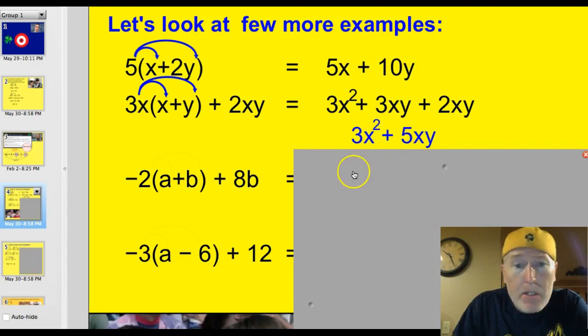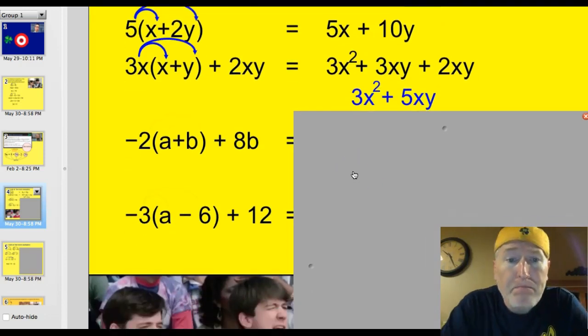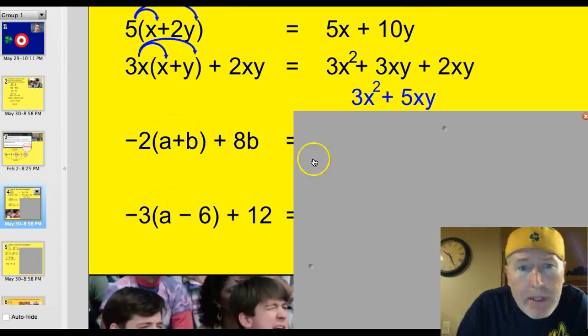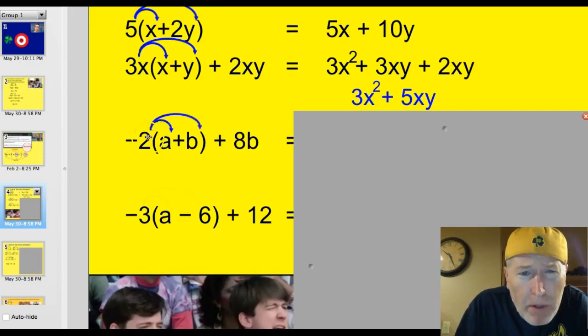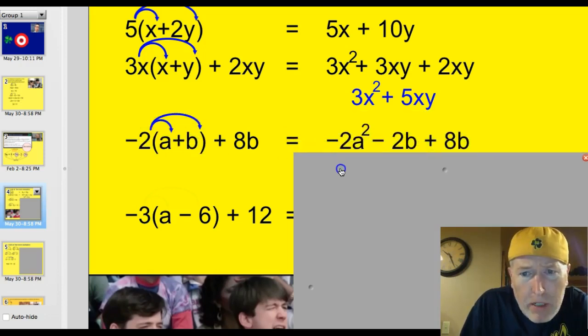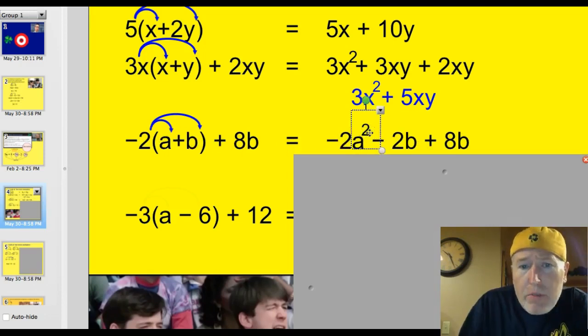Okay? Take a look at this one here. All right, let me just give you some help here. Minus 2 times a, that would be minus 2a, and minus 2 times b, that would be minus 2b, right? Right, except the squared isn't supposed to be there.